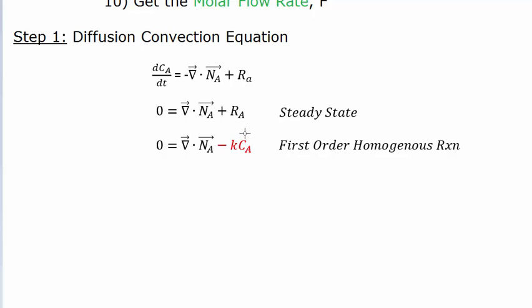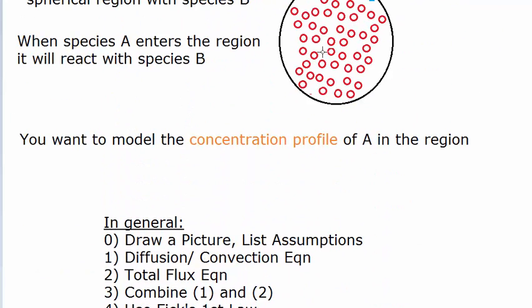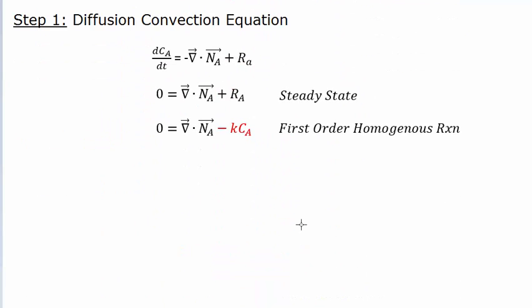The order of the reaction is the exponent above the C, and because it's first order, that exponent is 1, so it's simply C. This k is a rate constant, and the reason this term is negative is that A is a reactant. It's going to be consumed as it enters this spherical region. Okay, so that handles that.